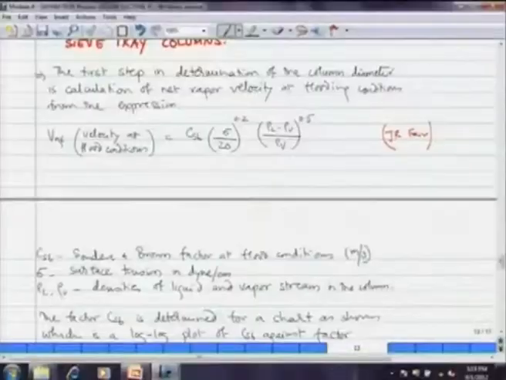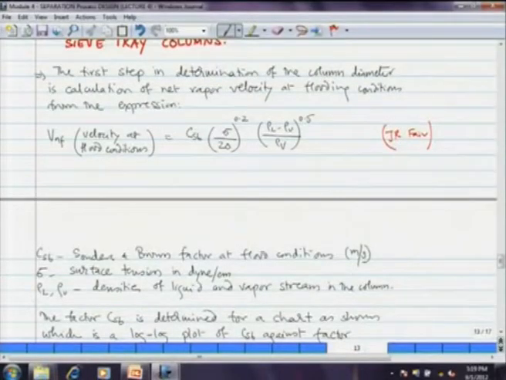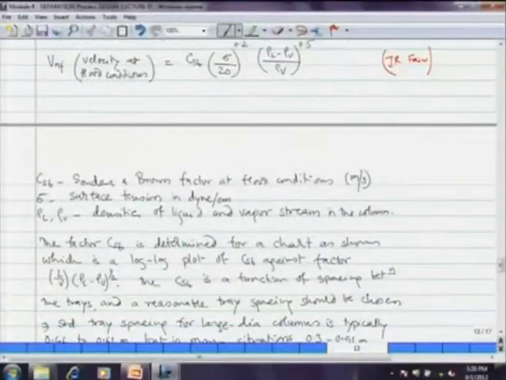We take this expression directly, and sigma is the surface tension. Now, sigma by 20, that number 20 is very tricky. If you see surface tensions of most organic liquids, it is in the range of 20 to 30 dynes per centimeter. So, that sigma by 20 factor appears, and then what we have is the ratio of densities, (rho L minus rho V) divided by rho V, raised to 0.5.